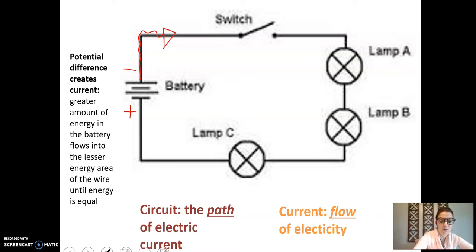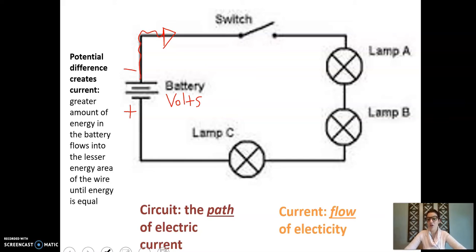And that energy in the battery we like to call volts. So we have either a 1.5 volt battery, 3 volt battery, whatever you happen to have on hand. That potential difference between the battery and the wire is what is going to pull your electrons out of the negative end of the battery and into that conducting wire.